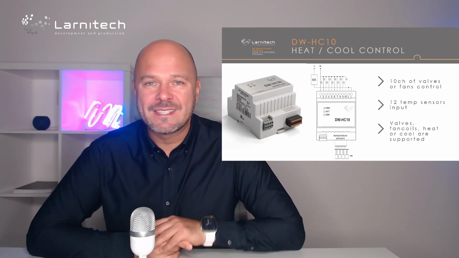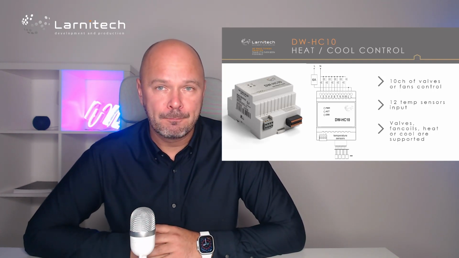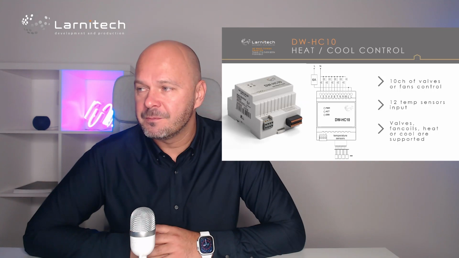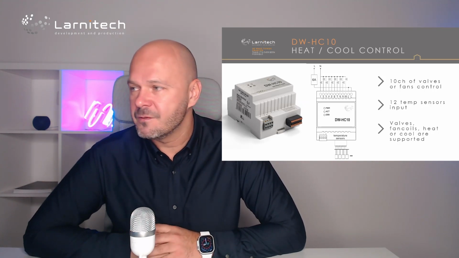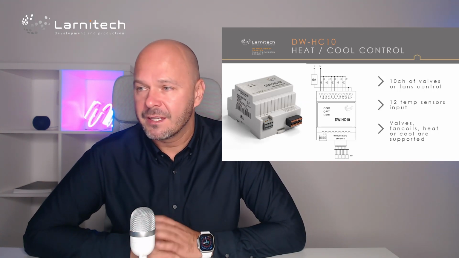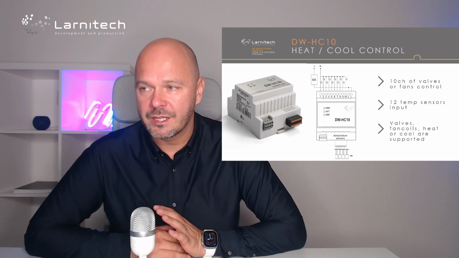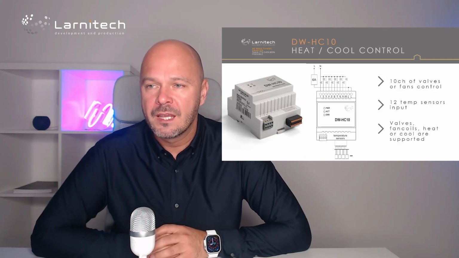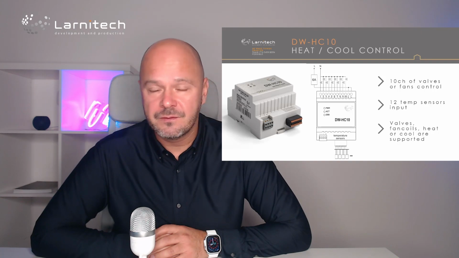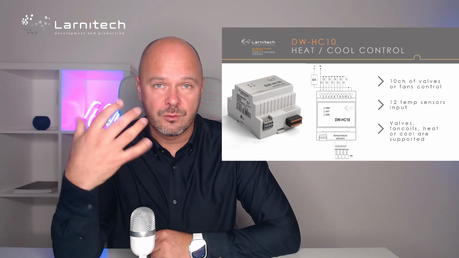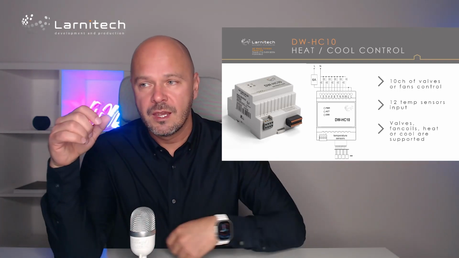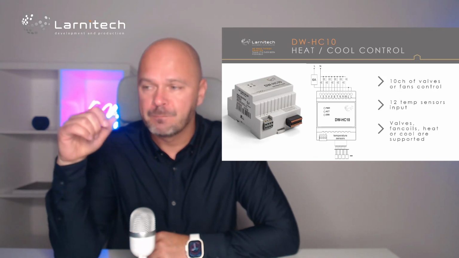You can also set up fan control for them, and it can be a fan coil controller. We can use it, for example, for 2 fan coils if you need 5 channels per fan coil. So 5 and 5, 2 fan coils connected to this device.